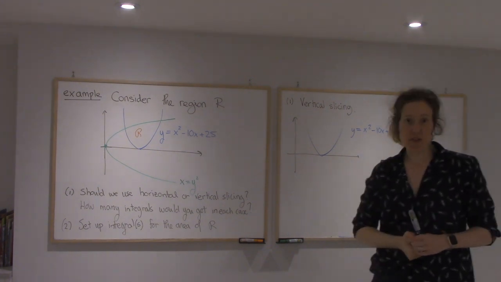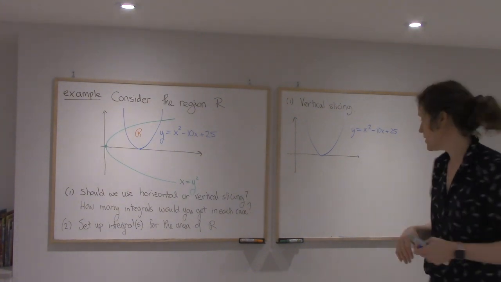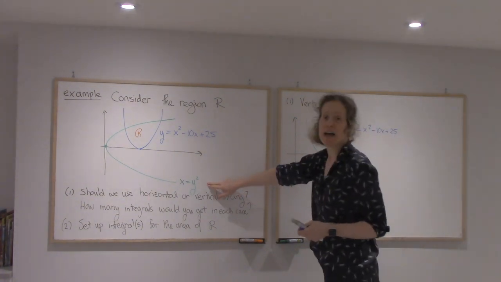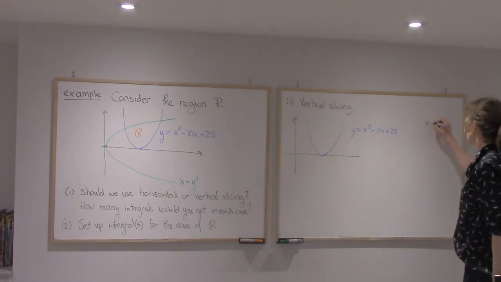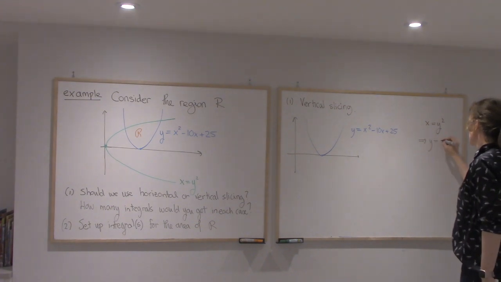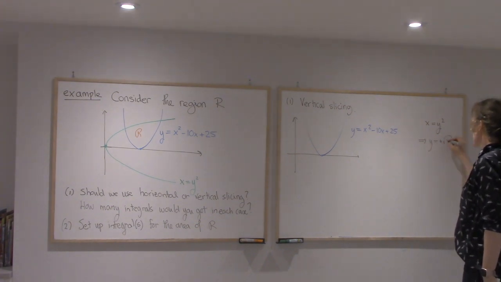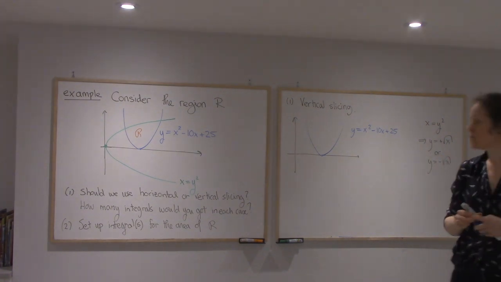The blue curve is fine. It's already y equals a function of x, so I don't have to isolate. In the second case, I have to isolate y. So if x equals y squared, that means y equals plus root of x, or y equals minus root of x. So in this case, I would get two different functions.